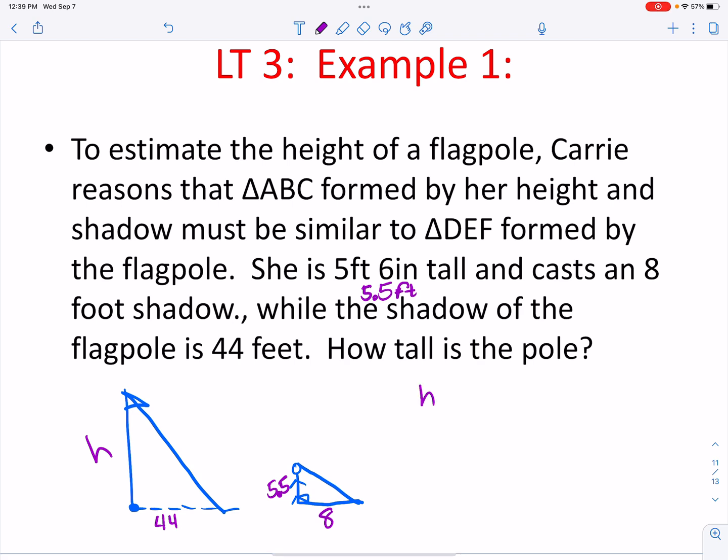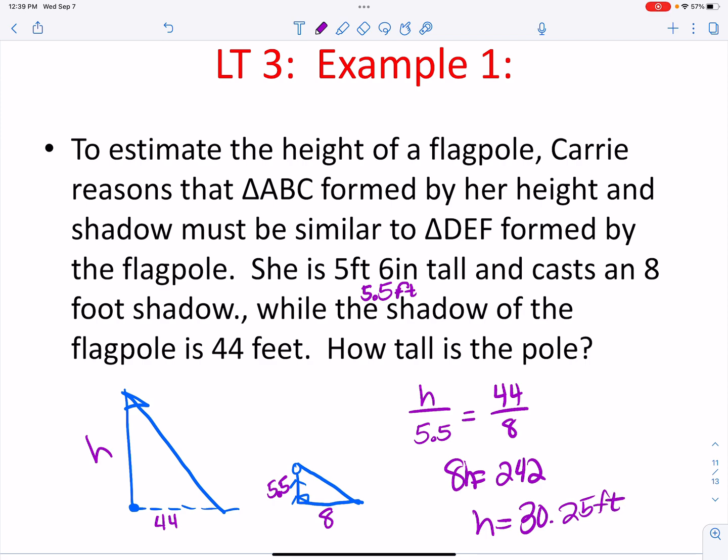I'm doing the height of the pole divided by the height of Carrie equals the shadow of the pole divided by the shadow of Carrie. So 8h equals 44 times 5.5, which is 242. Then I divide that by 8, and my answer is the height of the flagpole is 30.25 feet.